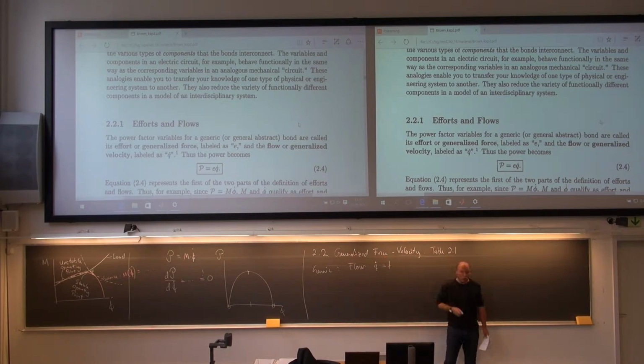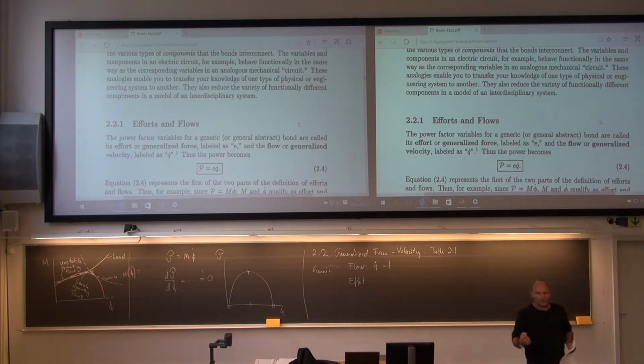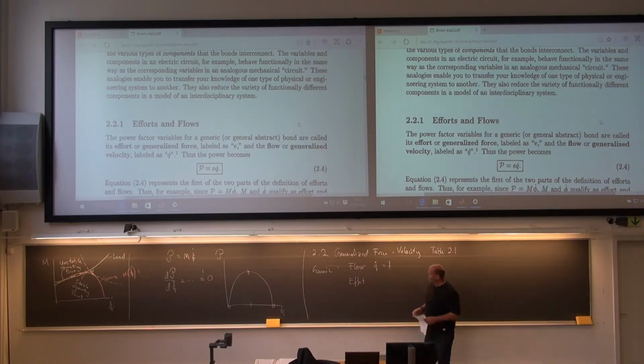Next, the force. That is what we call an effort. It doesn't necessarily have to involve any motion or dynamics, but it's a driving thing into our system that can produce motion. And for the effort, we will then have a small e. E for effort.